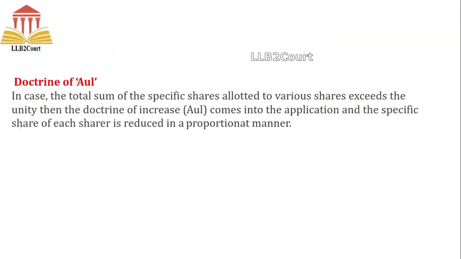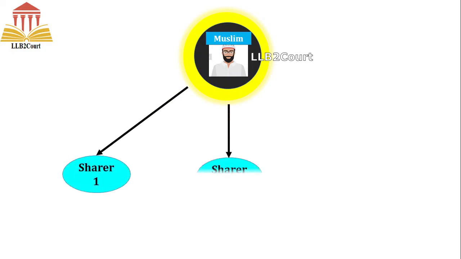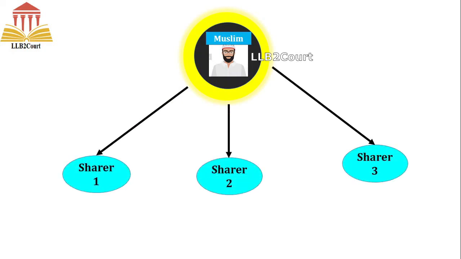Thus, the doctrine of Aul comes into application when the specific shares allotted to the various sharers exceed unity, and then they have to be reduced proportionately in order to solve that issue. Let's assume a Muslim man dies and he has three sharers, sharer 1, sharer 2 and sharer 3, and X is the share allotted to sharer 1, Y to sharer 2 and Z to sharer 3.